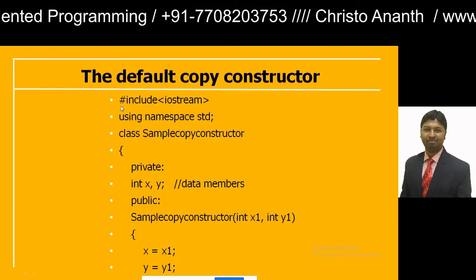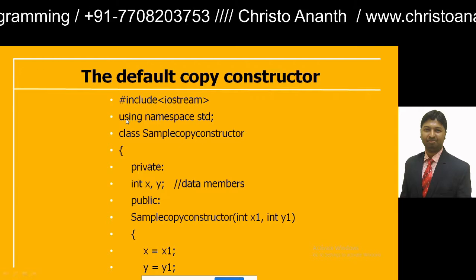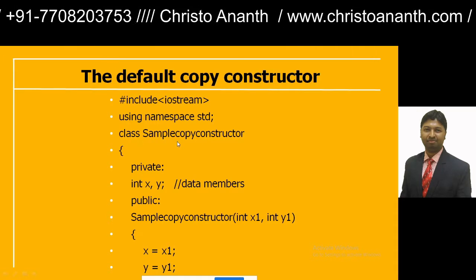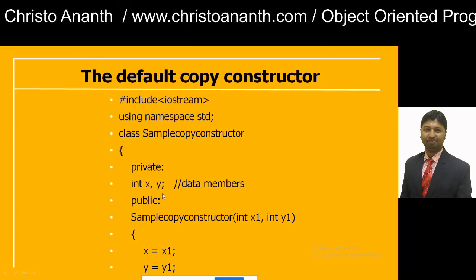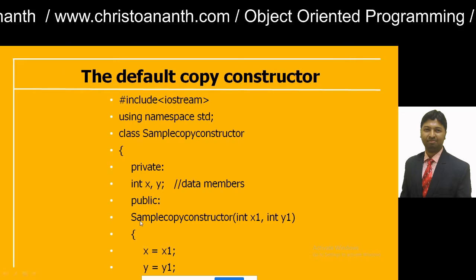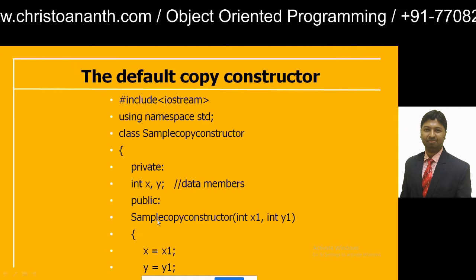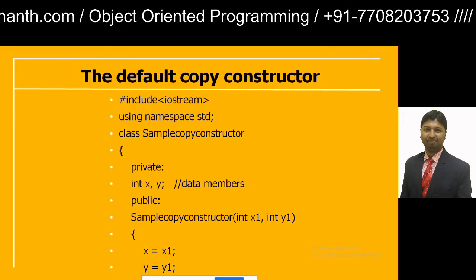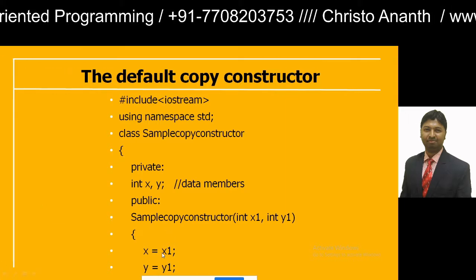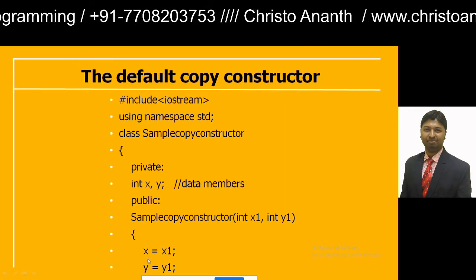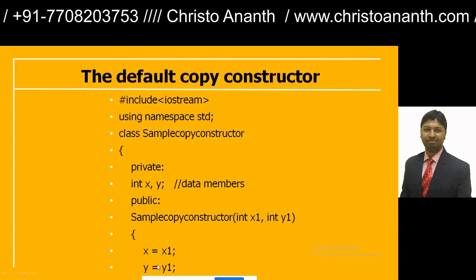So here you have #include <iostream>, using namespace std, and class SampleCopyConstructor. You make x and y private, which are the data members. In public you have the SampleCopyConstructor, where you initialize the variables x1 and y1. So here x is equal to x1, and y is equal to y1.